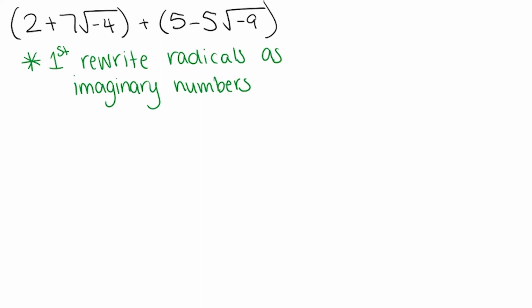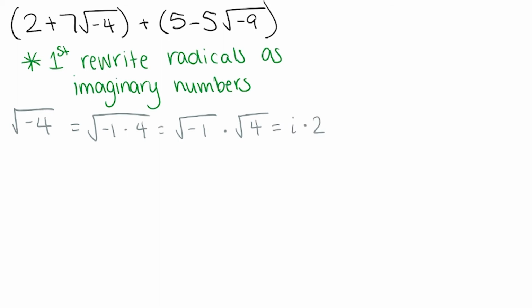So let's start with the square root of negative 4. This is equal to the square root of negative 1 times 4, or the square root of negative 1 times the square root of 4, which is i times 2, or 2i.